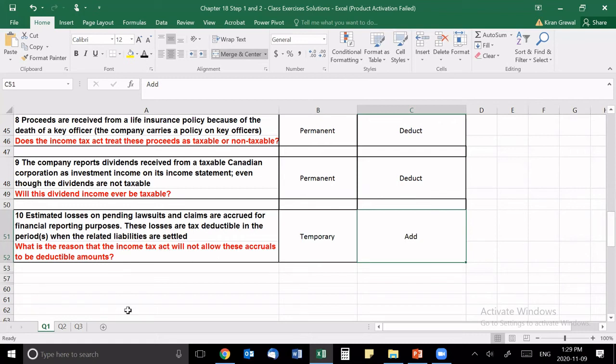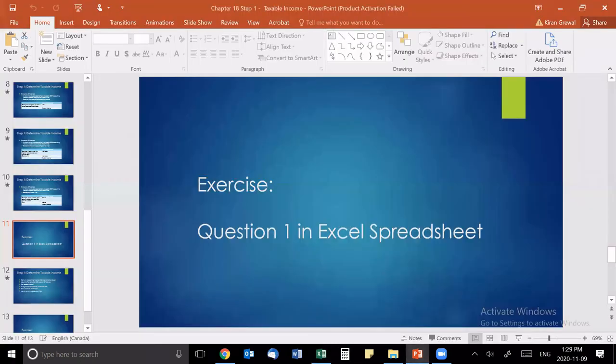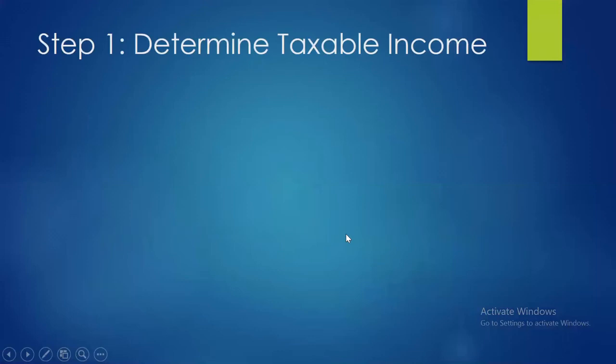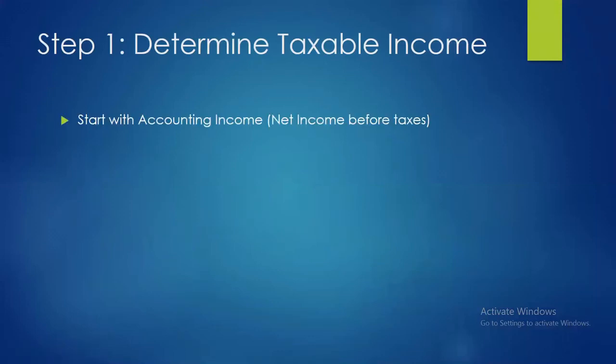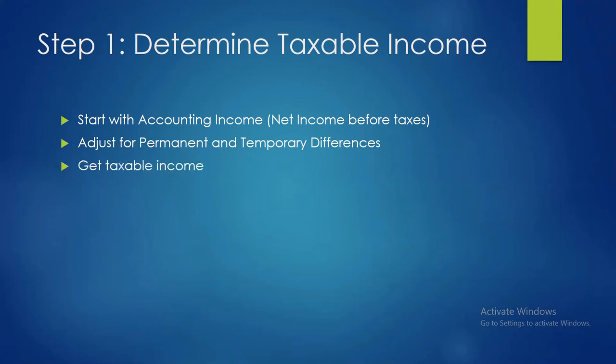Okay. So I hope this example or this question has made sense to figure out what's a temporary difference, what's a permanent difference, and whether you add it or subtract it from accounting income in order to get taxable income. Like I said, the steps in order to get taxable income: you start with accounting income, net income before taxes. Then you adjust for your permanent and temporary differences, so add back and subtract them in order to get taxable income.